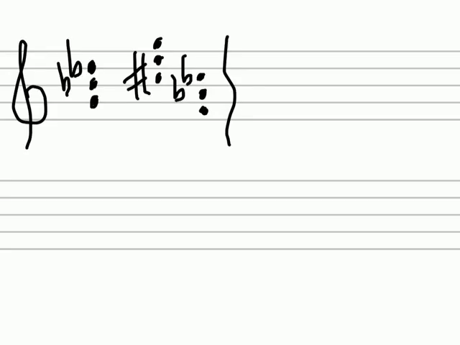In each of those cases, the third and fifth are one accidental lower than the root. In the EAD group, it's only the fifth that's lower than the other two.